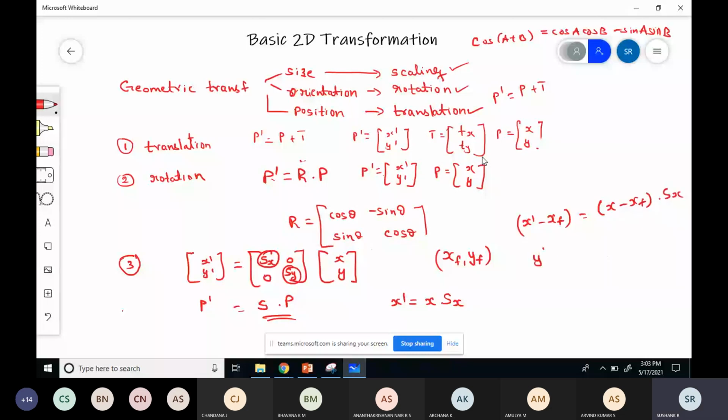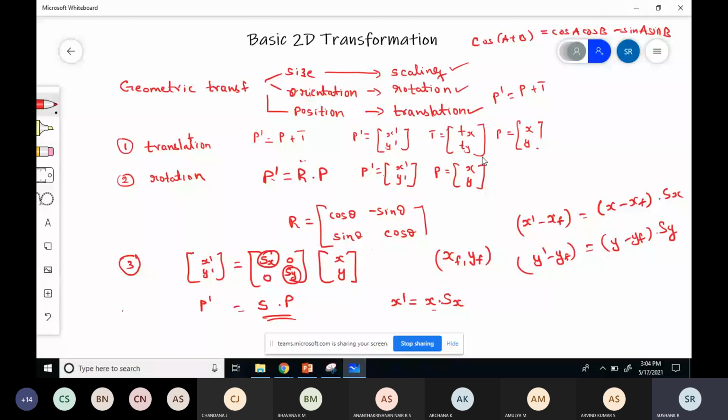Again, y dash minus yf is equal to y minus yf into sy. For the origin position, we had the equation x dash is equal to x into sx. But if you want to consider a fixed position, you just need to subtract that fixed position.